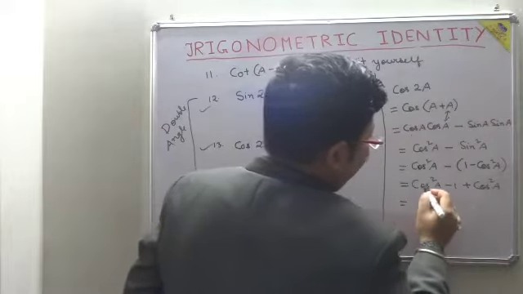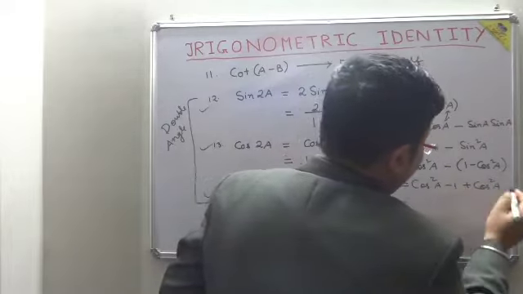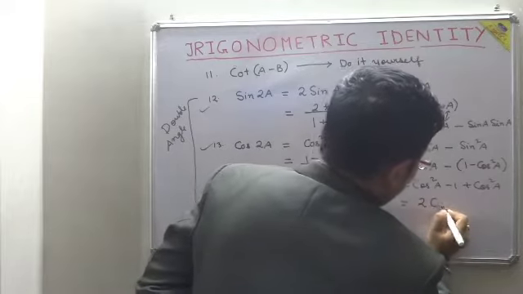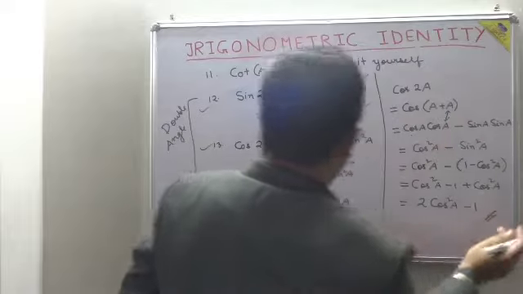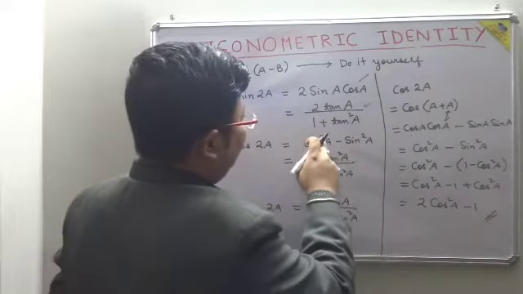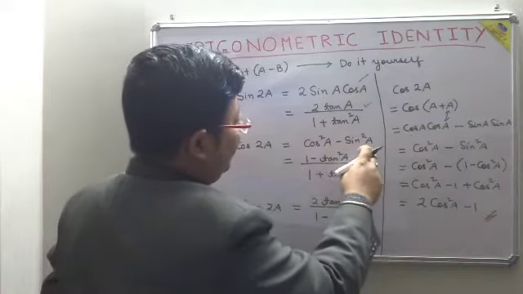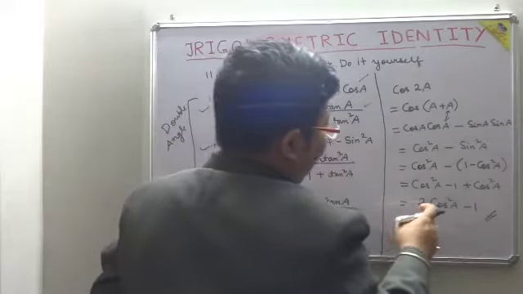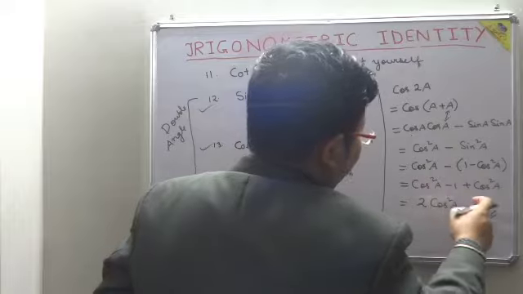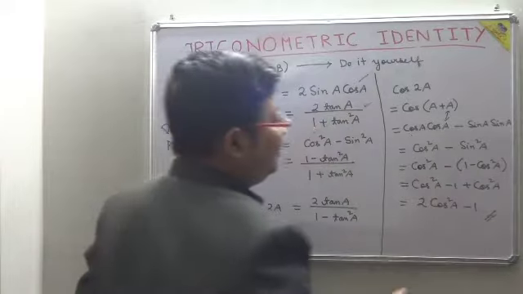Cos square A minus 1 plus cos square A. So we can write it as 2 cos square A minus 1. You can write the term here also. Cos twice A will be equal to cos square A minus sin square A, which is 1 minus tan square A divided by 1 plus tan square A, which is equal to 2 cos square A minus 1. In this way you can do this one.